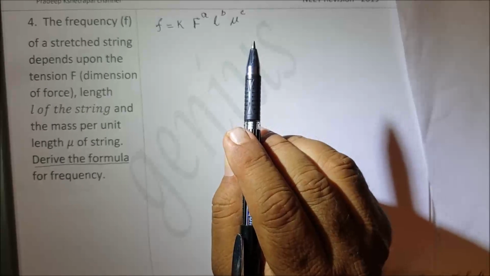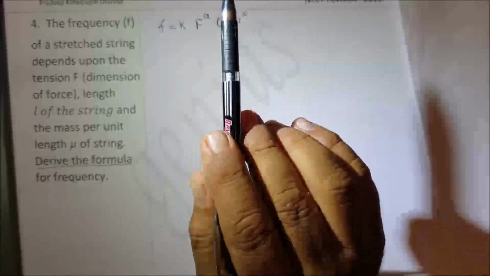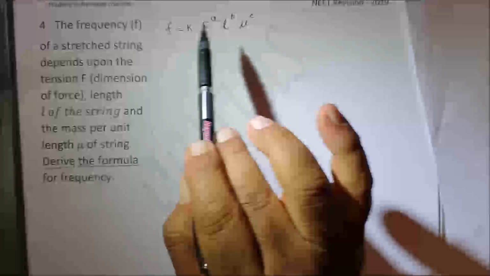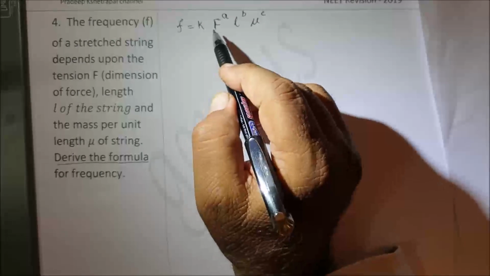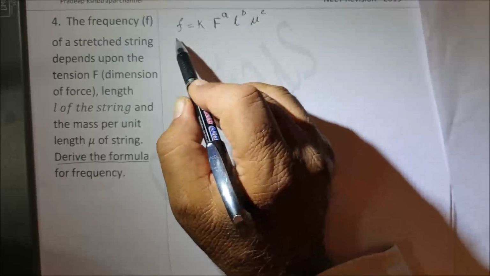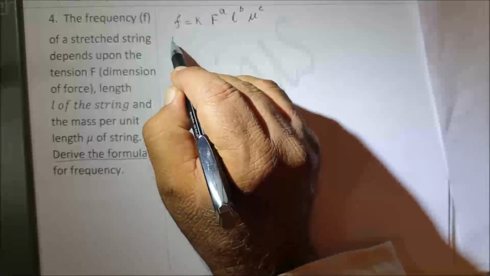And what is the principle we are going to use? That is the principle of same dimensions on both sides. So we are going to use it. Here we write the dimensions of both sides.